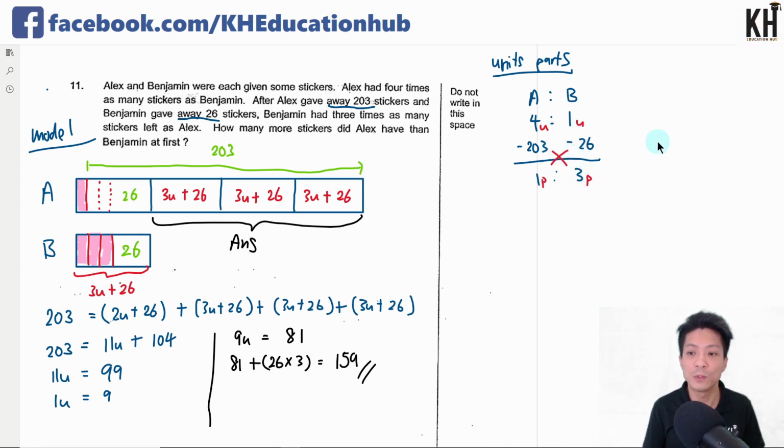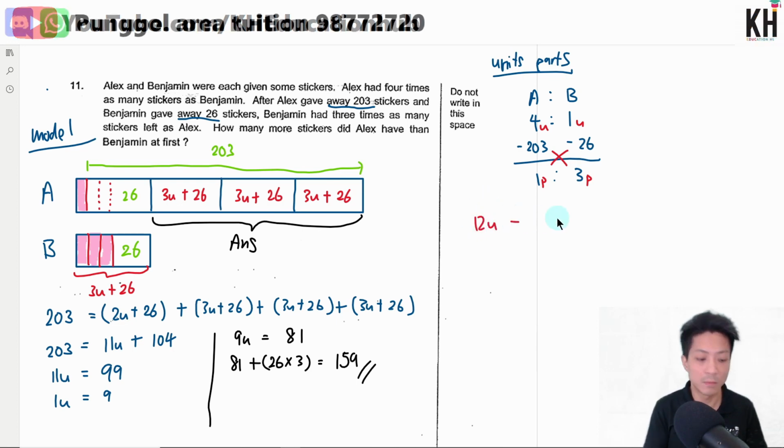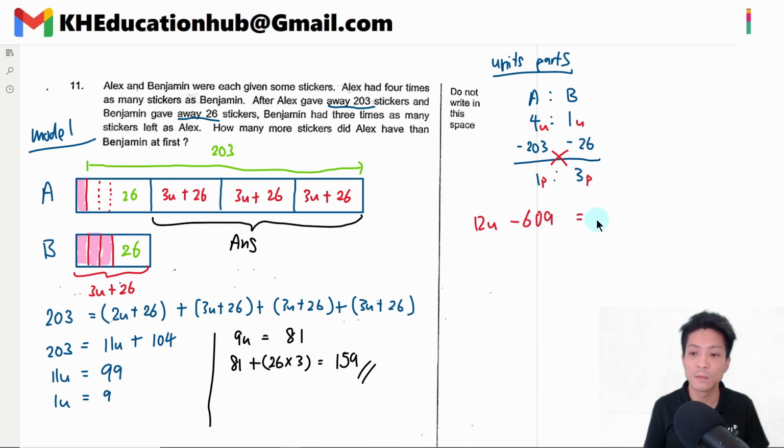What we do is we first cross multiply. If you're familiar with the cross multiplication method, you're going to get 12 units minus 203 times 3 is equal to 1 unit minus 26.